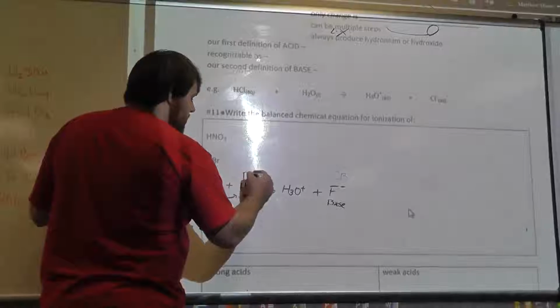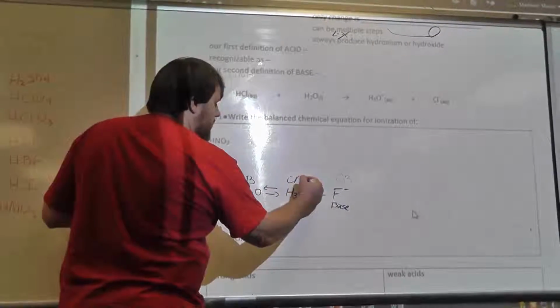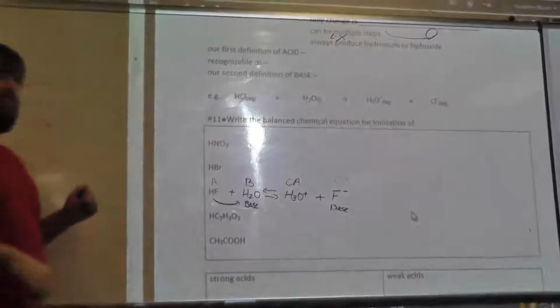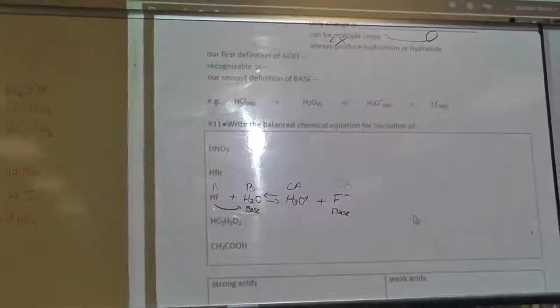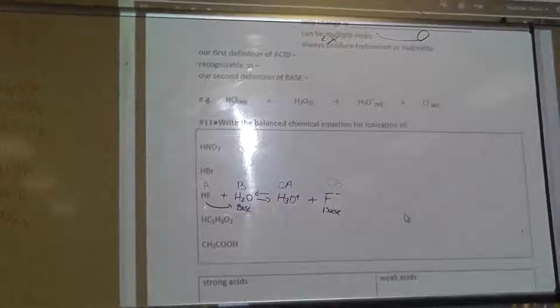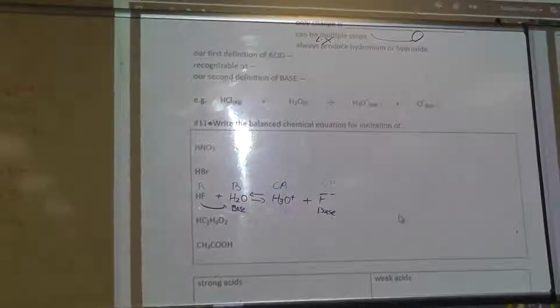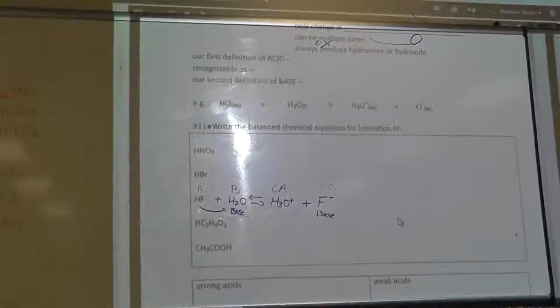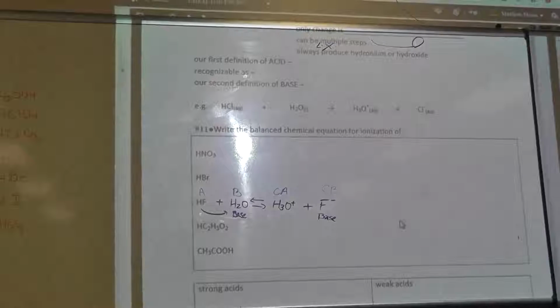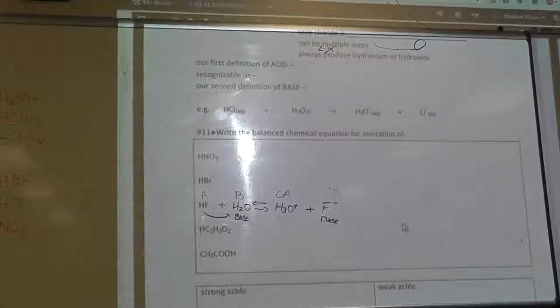And if this is the base, then this is the conjugate acid to that base. Okay, and that's just moving back and forth between who's accepting and who's releasing the hydrogen. Is that better?